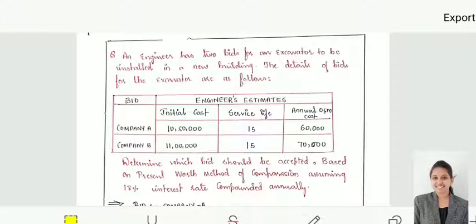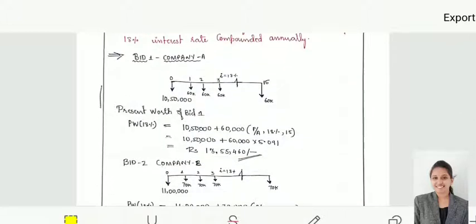But the annual operation and maintenance cost for company A is 60,000, whereas for company B it is 70,000, and the service life for both is 15 years. The problem definition is to define which bid should be accepted based upon the present worth method of comparison, assuming 18% rate of interest compounded annually.